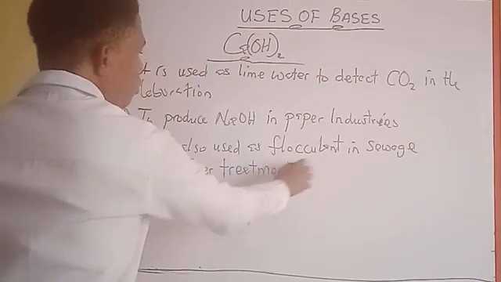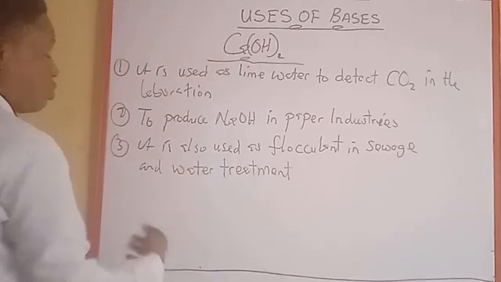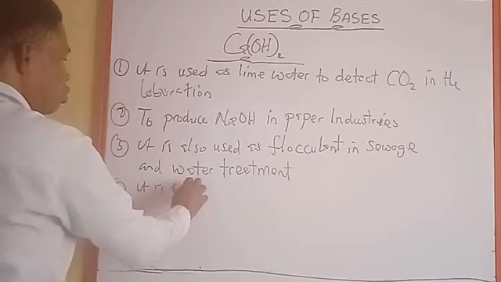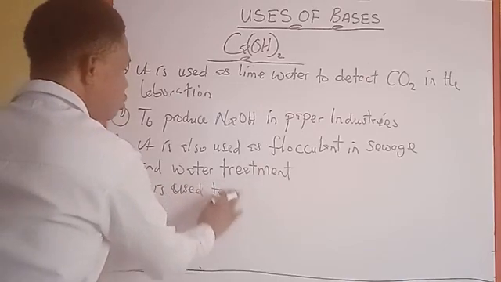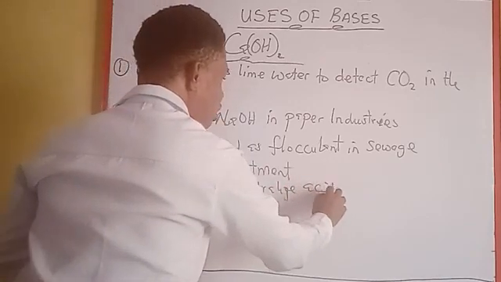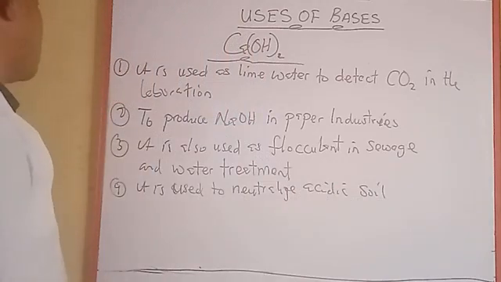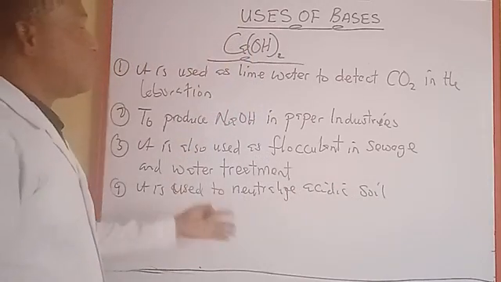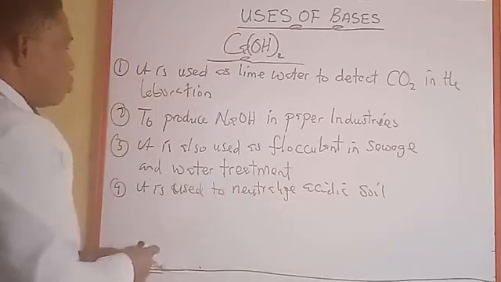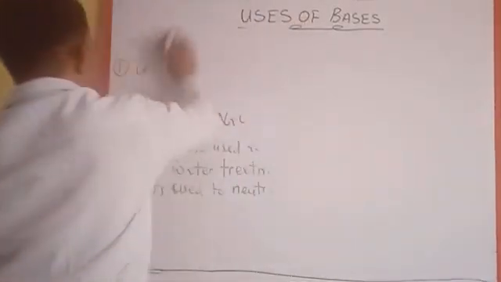Number 4, it is used to neutralize acidic soil. This one is employed in agriculture, if the soil is not suitable, to neutralize it to become neutral. That's all.